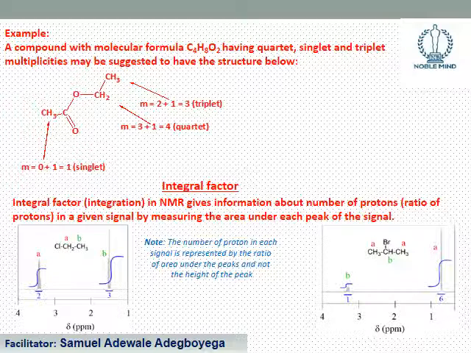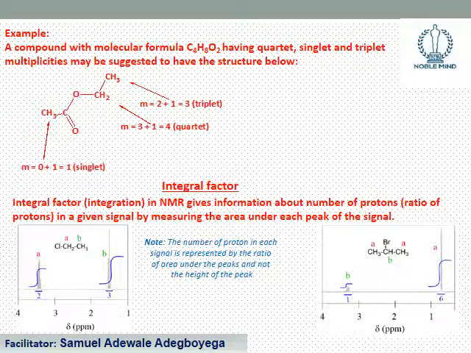When you see a signal being split into different multiplicities, don't forget that multiplicity will only tell you what type of environment a particular signal has, because it is the environment of that signal that will split the signal into peaks. So let's check.